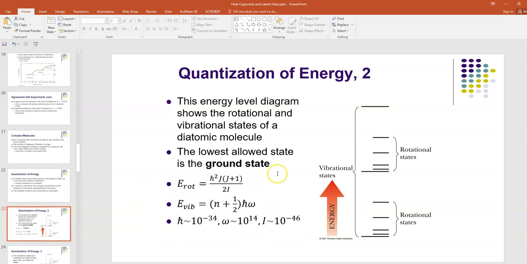We're going to get more into those as we go further into this course. For now, I just want you to understand how the increasing energy of these energy states causes the different states accessible to you to change as the temperature changes.